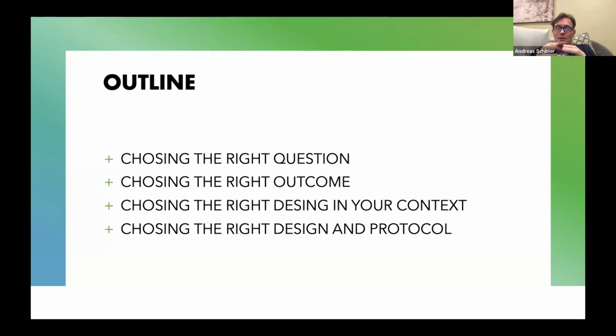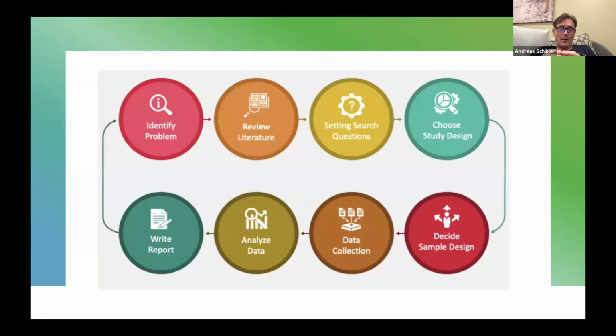And they didn't consider the right context, because it may not even be relevant to your environment. And most importantly, if you go down the track to design and write a protocol, you choose the right design. So these are the relevant questions that we would like to answer in this first talk.